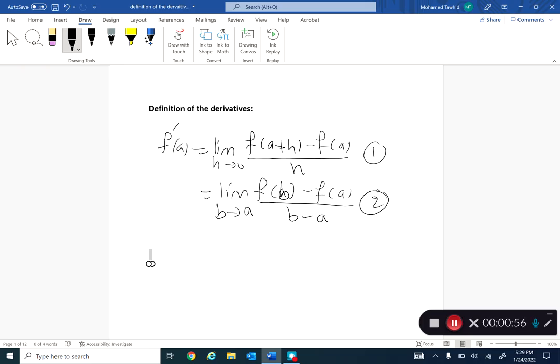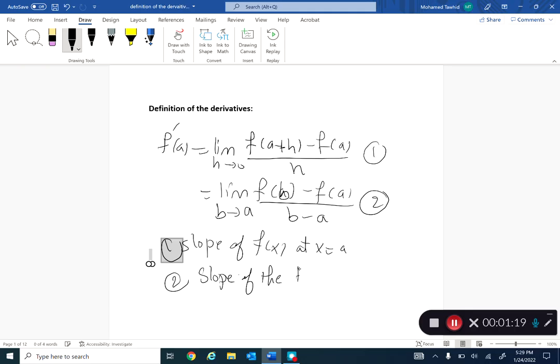We would like to apply these two equations. How to apply? I mentioned equations 1 and 2 are the slope of your f of x at x equal a, right? And number 2, I mentioned that it is the slope of the tangent line at x equal a, right?